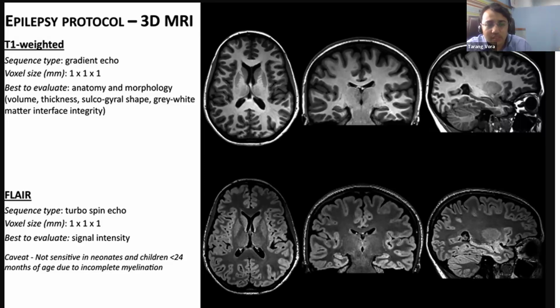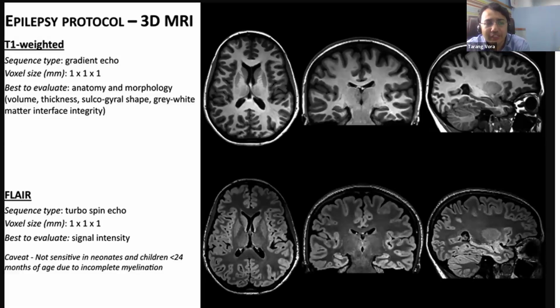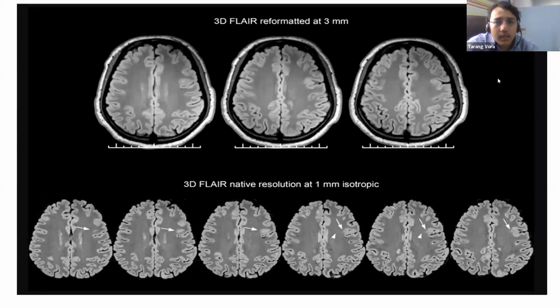A FLAIR sequence, 1 x 1 x 1, and a T2-weighted sequence. So these are 3D T1, 3D FLAIR, and a 2D coronal T2-weighted image, but the orientation of that has to be parallel or perpendicular to the hippocampus, because the most common type of epilepsy is going to be hippocampal sclerosis, which is arising from the temporal lobe.